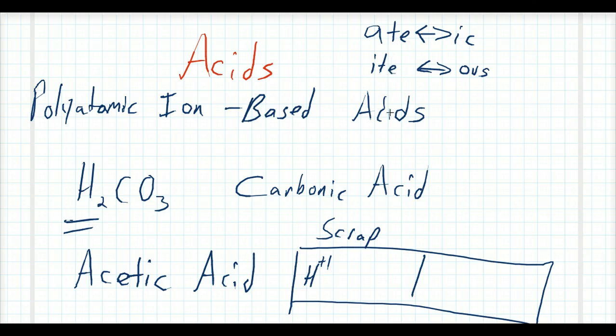I have to go backwards. Acetic has its root of acetate. If you switch the ic to ate, you have acetate. So we have the acetate ion, C2H3O2, and that was -1. First of all, you should be able to spot that I'm neutral. So to actually get the formula, I'm just going to take out the charges. So my acetic acid is an H with the acetate ion.